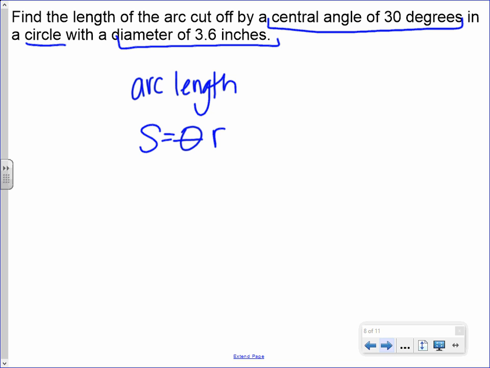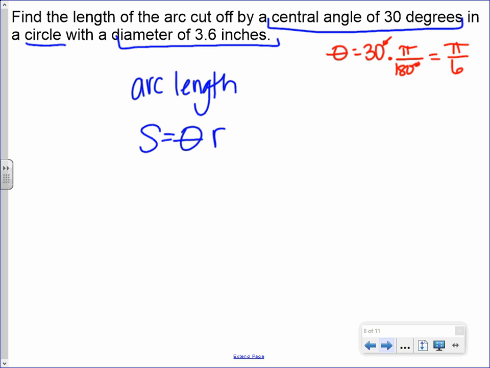So this is where we would have to use our skills of converting, right? We have a measure of 30 degrees. What do we multiply that by to get it to radians? Pi over 180. We want the degrees to cancel, so 180 has to go downstairs.